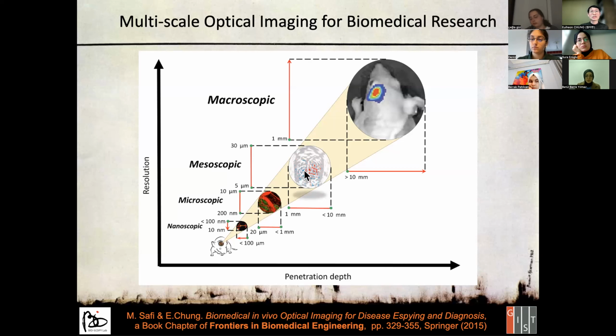You may be able to see some big vessels with different colors, which indicate oxygenation level. In this case, the scale is a millimeter scale, and you can achieve some contrast mechanism, in this case, functional imaging.